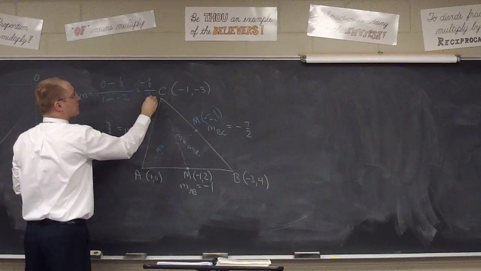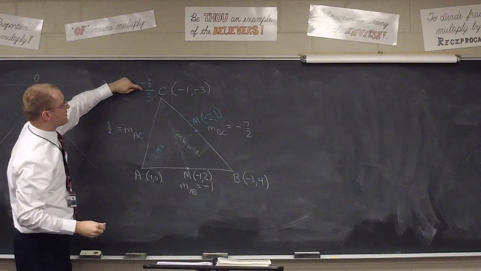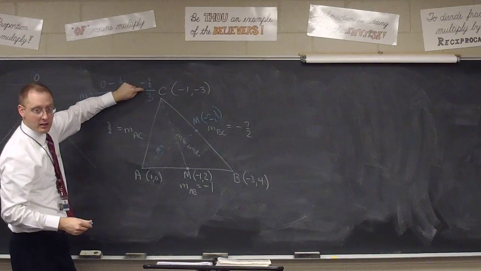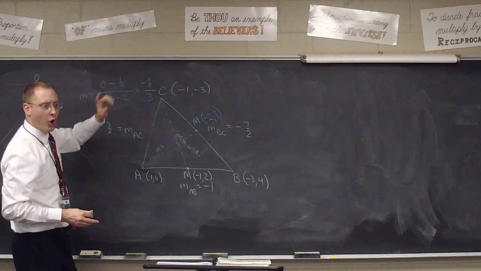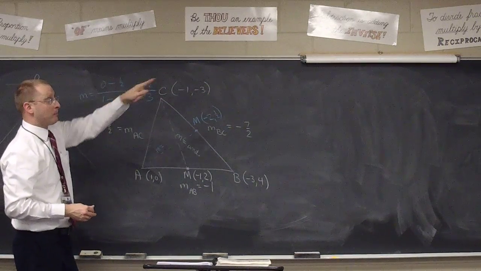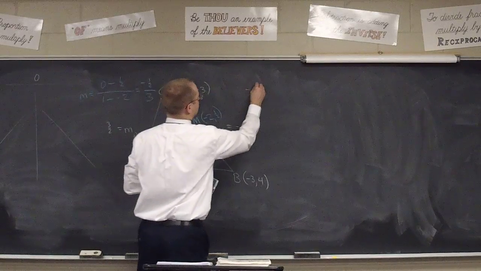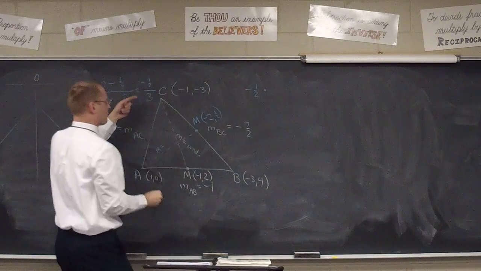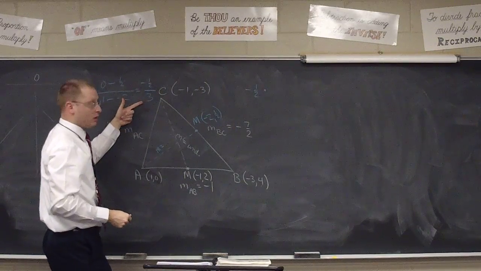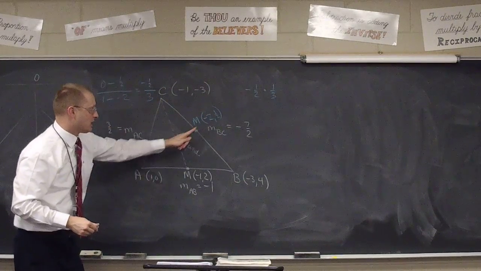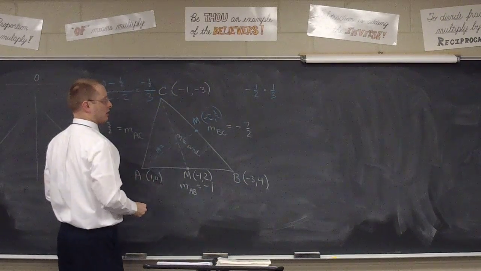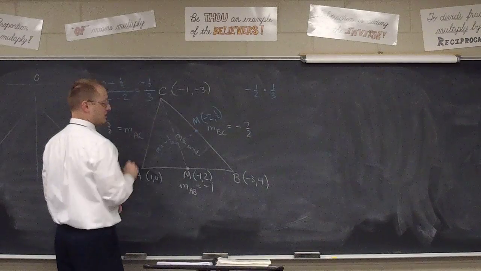Well, remember, this fraction bar means what? Divide. Do I ever really divide though when there's fractions involved? I always multiply by the reciprocal. So I'm going to change this to say negative a half times the reciprocal of 3, 1 over 3. So what is the slope of this median here? Negative 1/6.